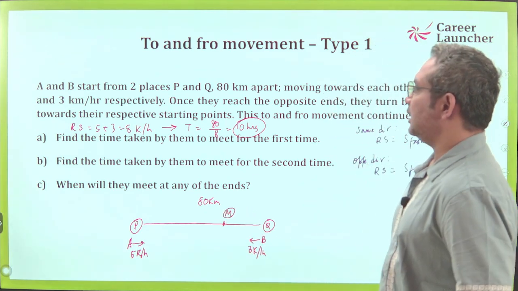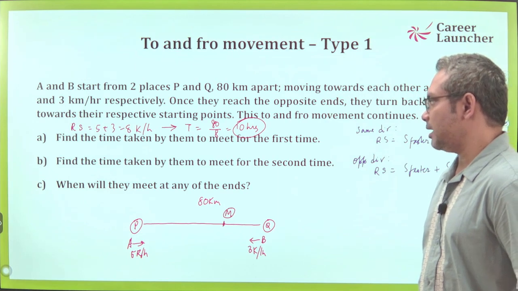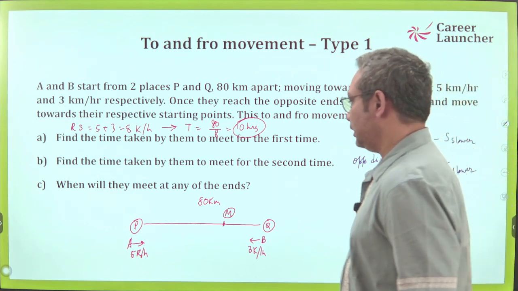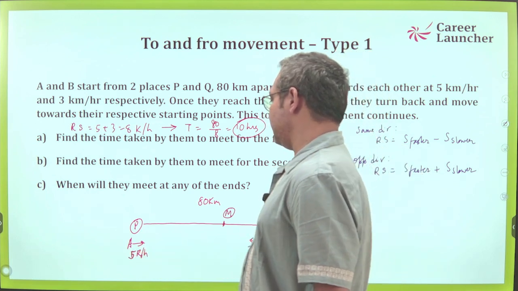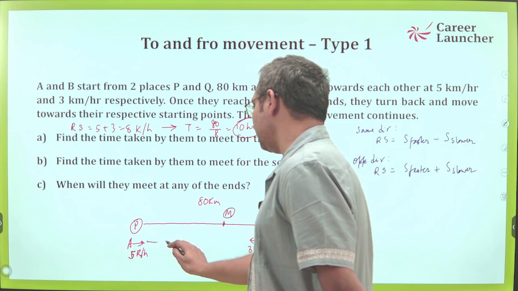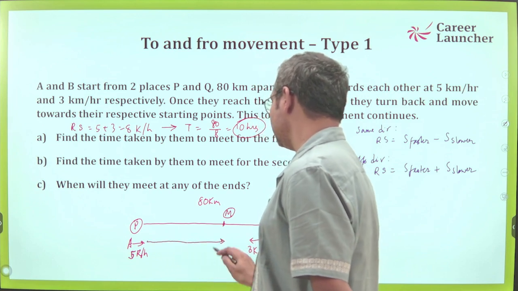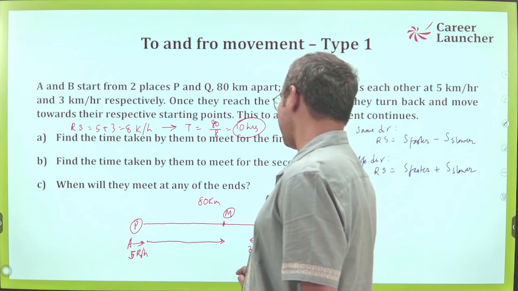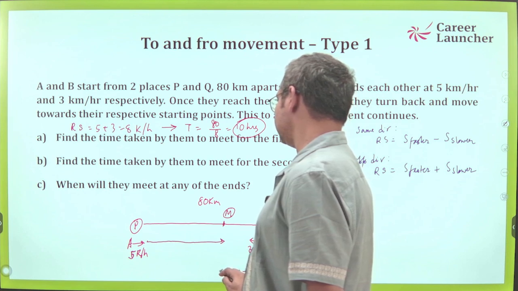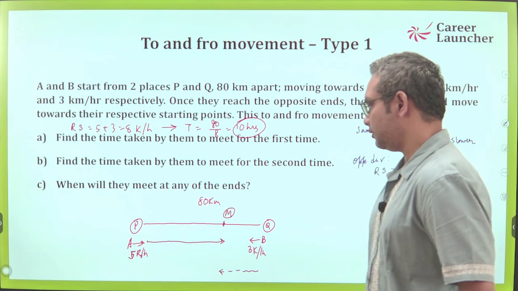Next question they are asking is to find the time taken by them to meet for the second time. Now if you look at their speeds, which are 5 and 3. So now A I am drawing with a straight continuous line. For B I am using a dotted line. So this is the first meeting that has happened.